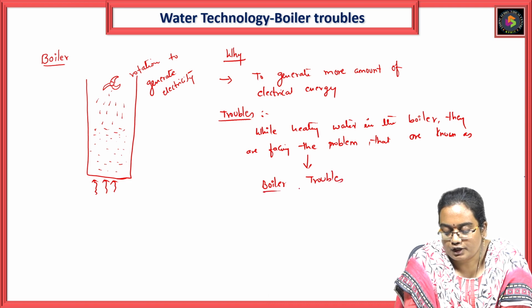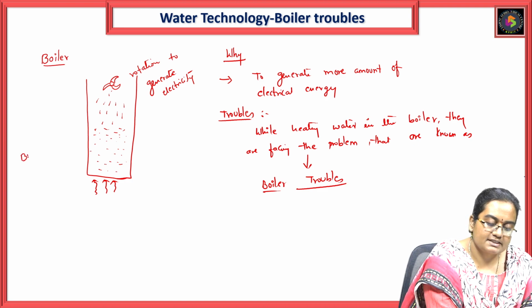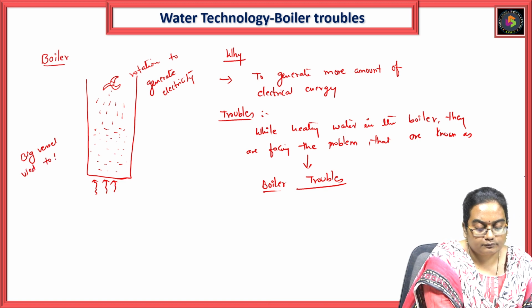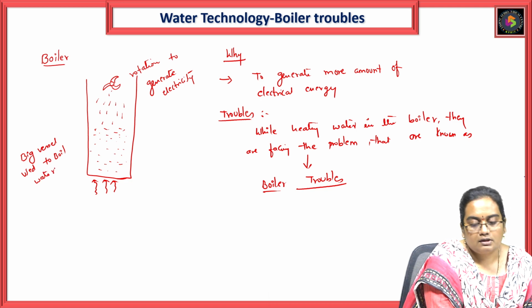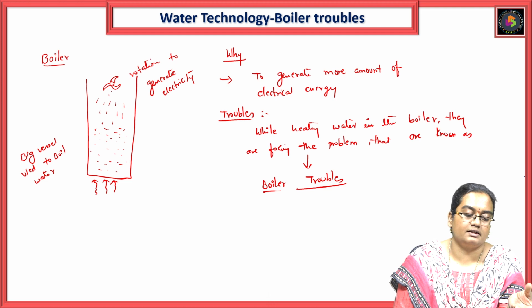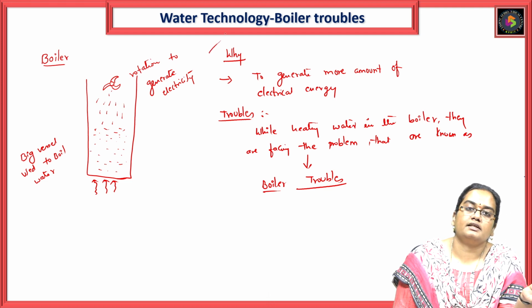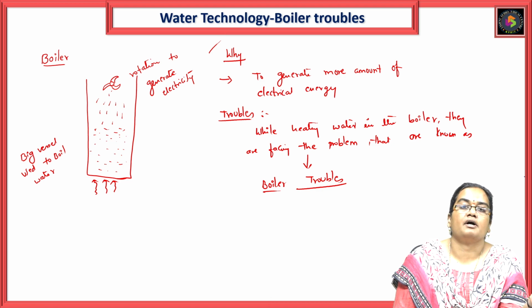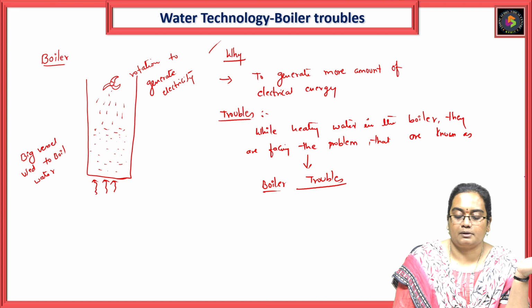What do you mean by a boiler? It is a big vessel used to boil water. When water is boiled, we generate electricity. Next, why are we using these boilers? To generate the electricity that is required for the industries, apart from the electricity given by the electrical department.